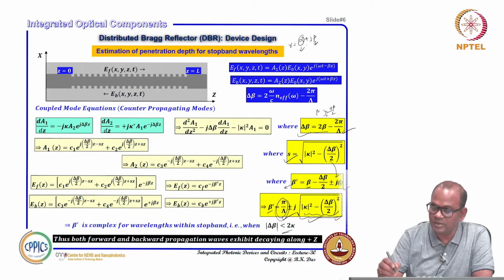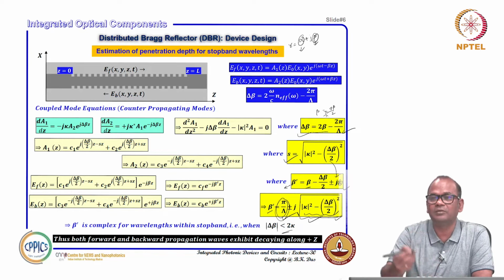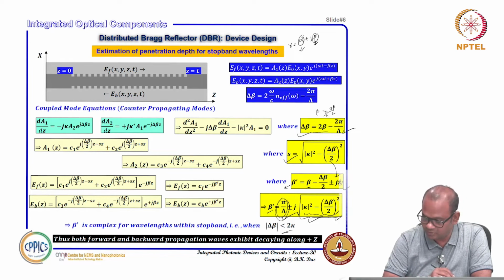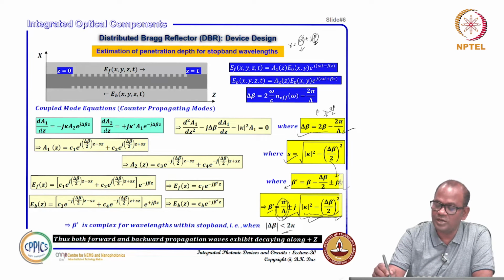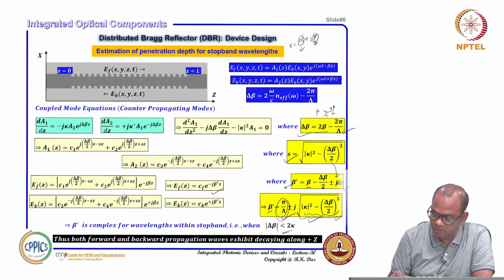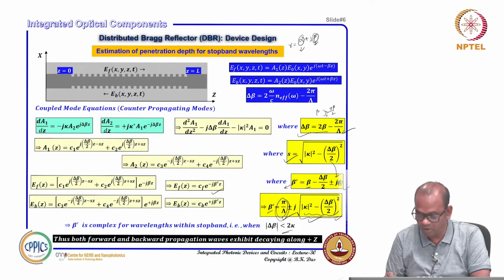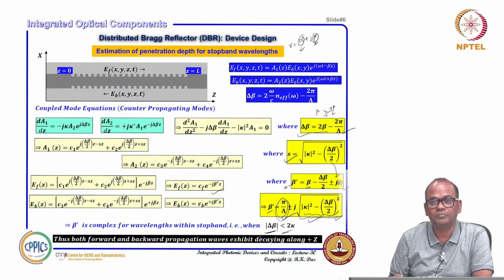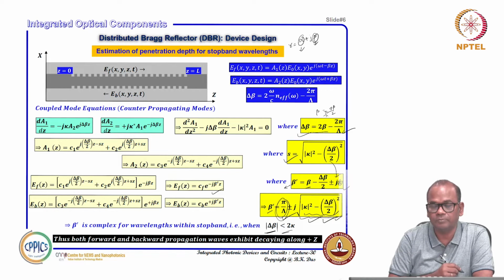Here beta prime itself is becoming complex. Beta is considered real for a normal waveguide mode. Now, because of the perturbation, we have a modified propagation constant which can be complex when delta beta, the phase mismatch factor, lies within 2 kappa according to this expression.